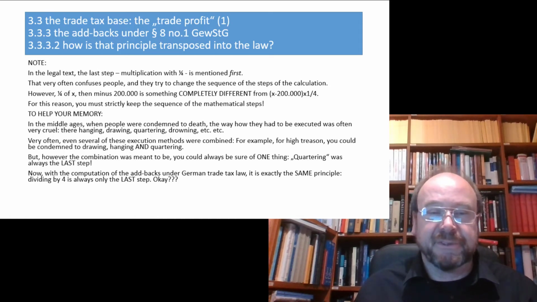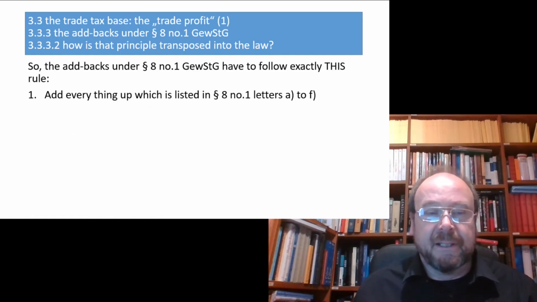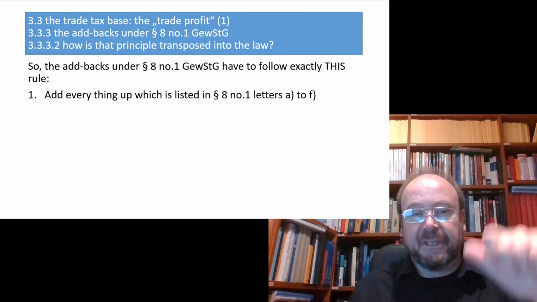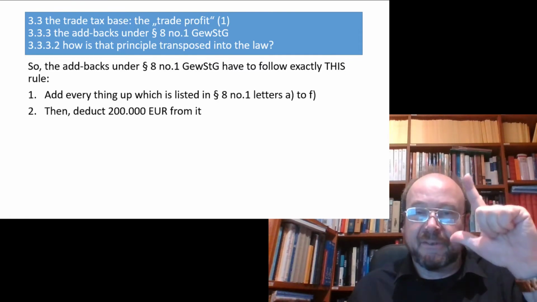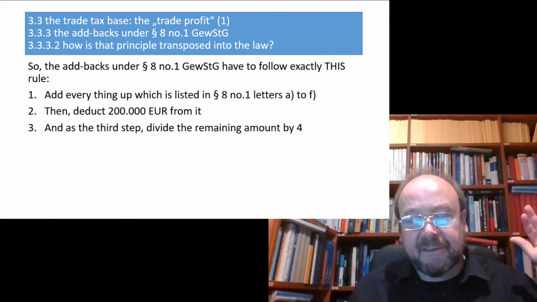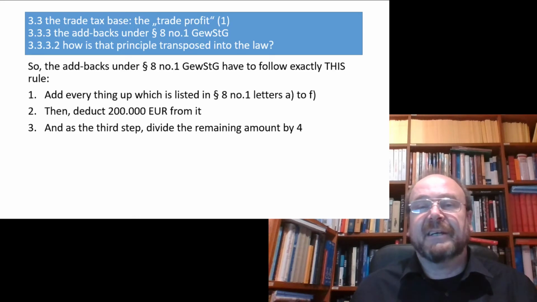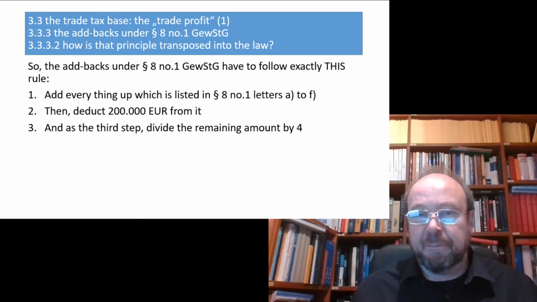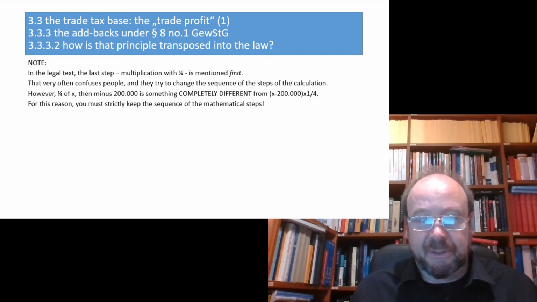So just to show you the sequence again, let me roll back here. Add everything with an A at the beginning. Then second step, 200,000 with a 2 for second step. And third step, divide not by 3 but by 4. And never begin with dividing by 4, because quartering always comes at the end of the procedure.